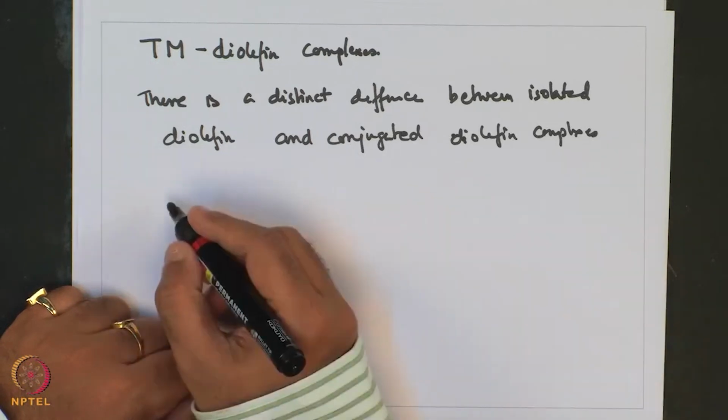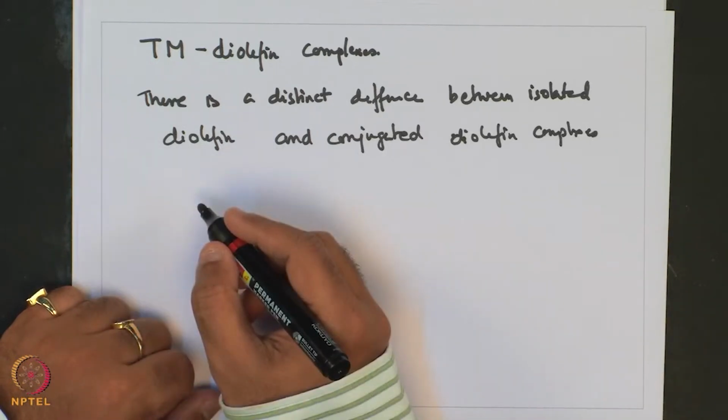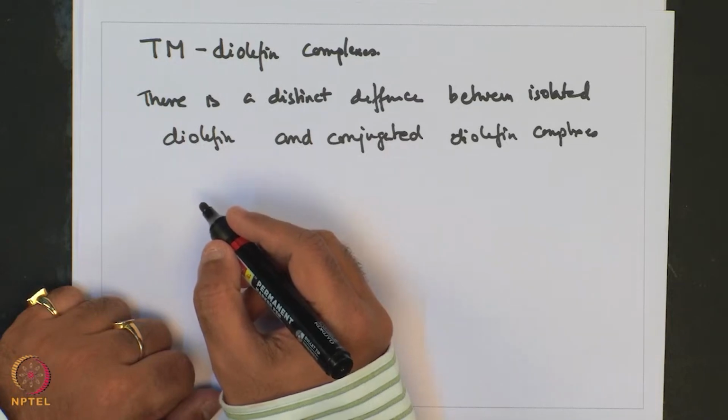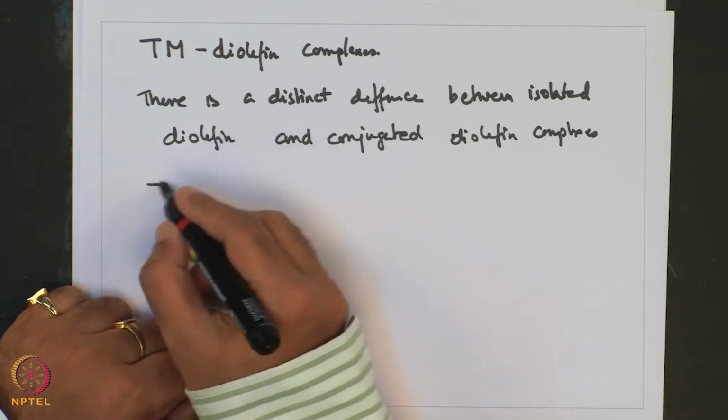The next thing is that metal ligand bonds in complexes with unconjugated diolefin closely resemble the monoolefin complex.